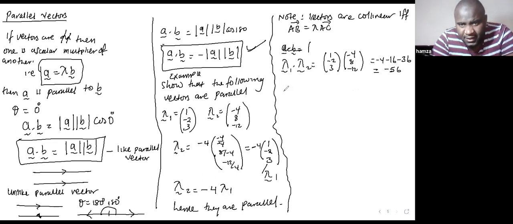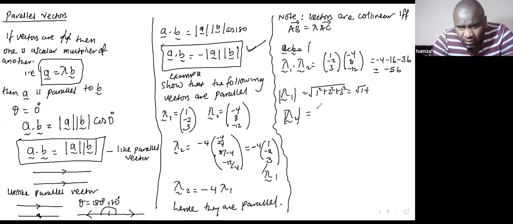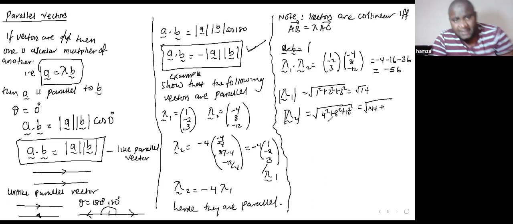Then get the magnitude of lambda 1, which is root of 1 squared plus 2 squared plus 3 squared, which gives us root of 14. Then the magnitude of lambda 2 would give us root of 4 squared plus 8 squared plus 12 squared, which is root of 144 plus 64 plus 16, that's 224.